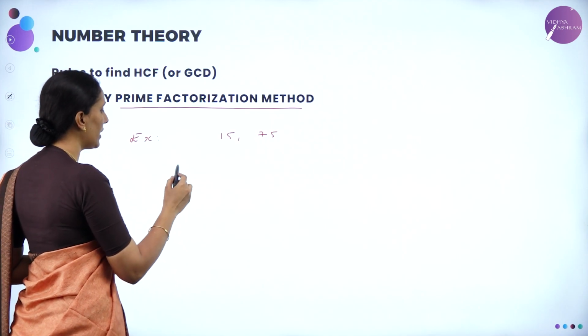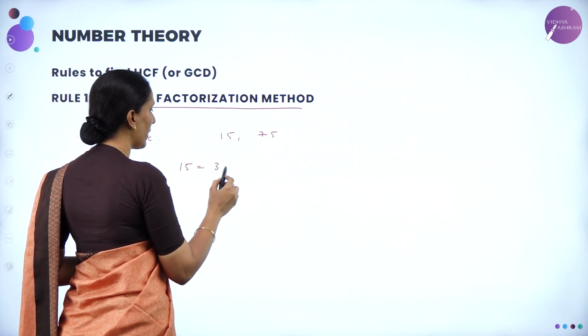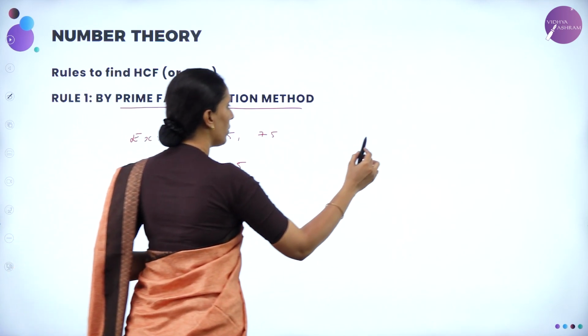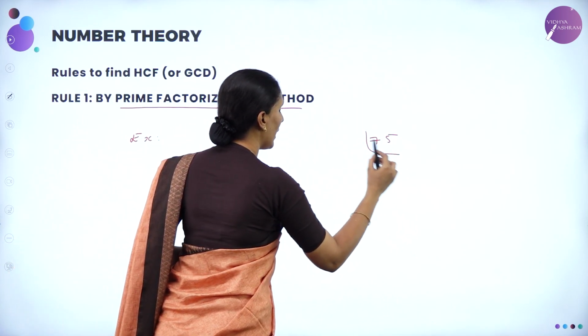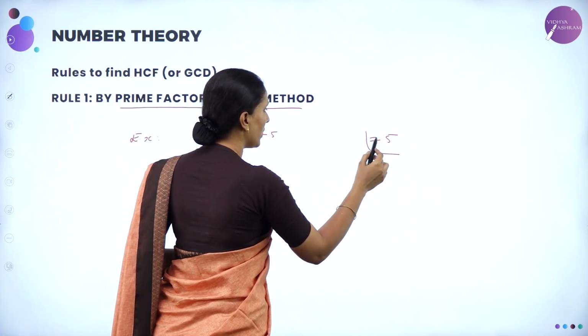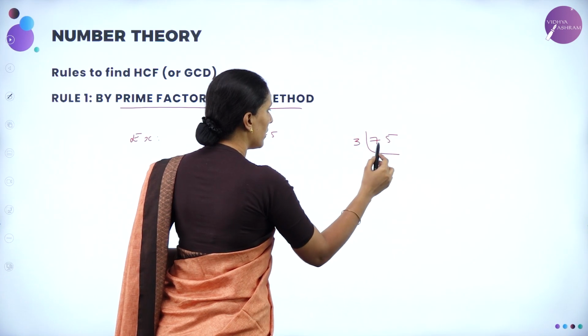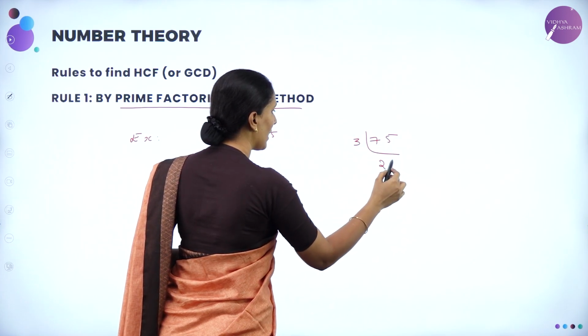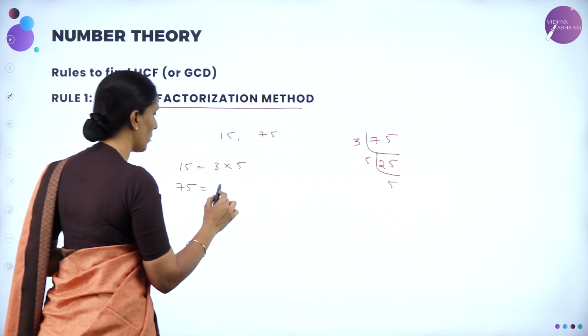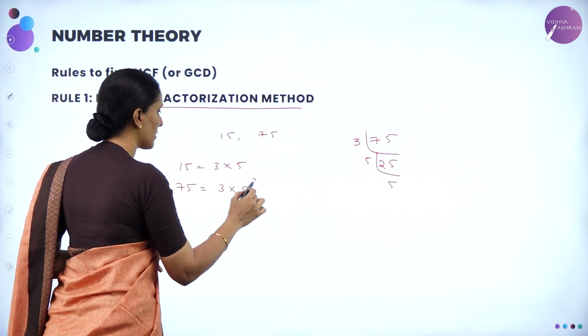So now 15 can be written as 3 into 5, and 75 can be written as, if you don't know how to write it directly, you can use the factorization method. Here 3 5s are 15, then 5 5s are 25. So it is 3 into 5 square.